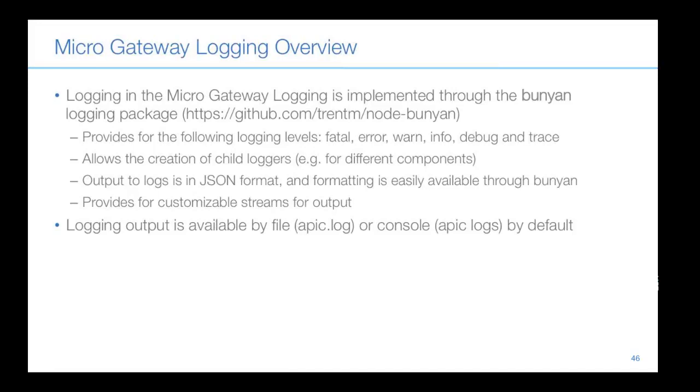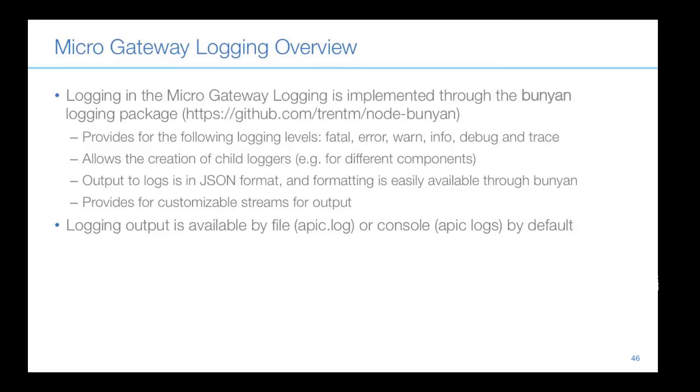By default, we provide logging levels: fatal, error, warning, info, debug, and trace. Those are controlled by the names or methods you use for the logger. It also allows for the creation of child loggers, so different components can have their logging entries labeled so they can be filtered based on the component.